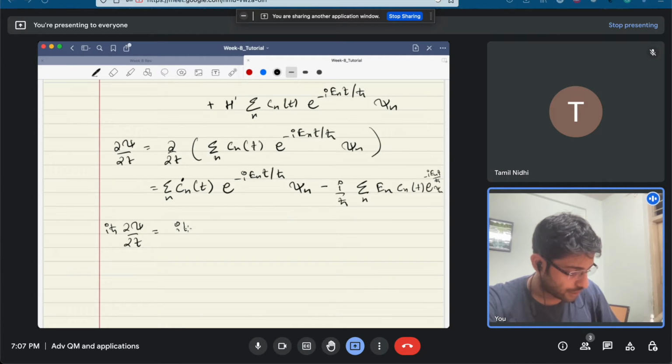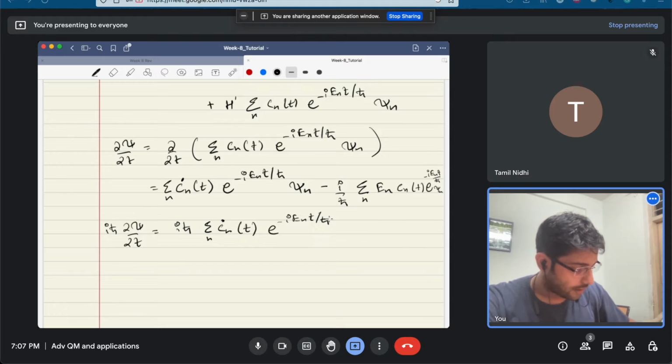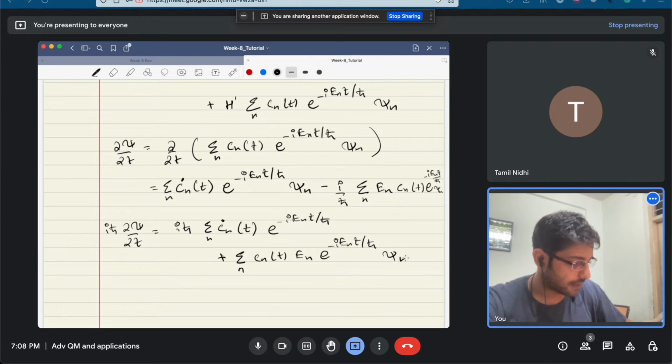Okay, now once you multiply your I h bar onto this del psi by del t, you essentially get I h bar summation over n Cn dot t by h bar, and then we have I square, which gives us a minus sign, and we already have a minus sign, and h bar gets cancelled out, so we are left with only plus n Cn of t En e to the power minus En t by h bar psi n.